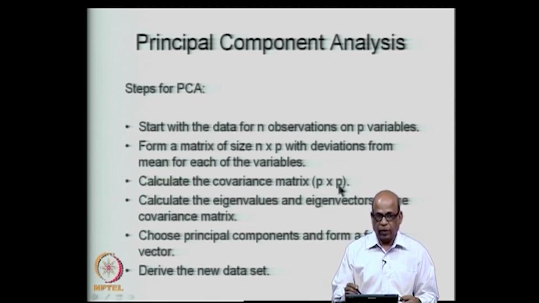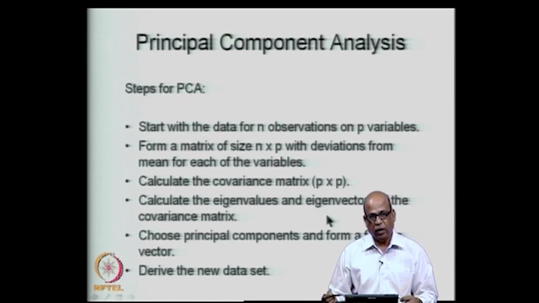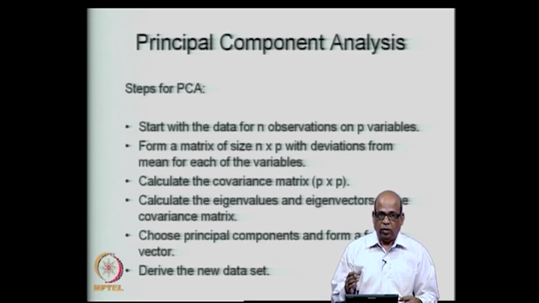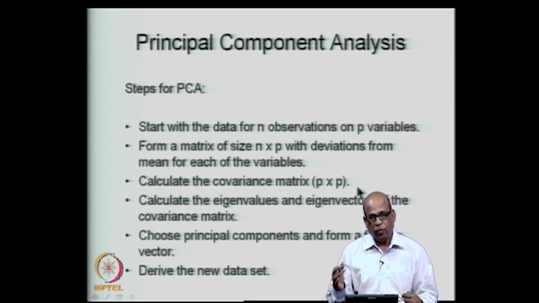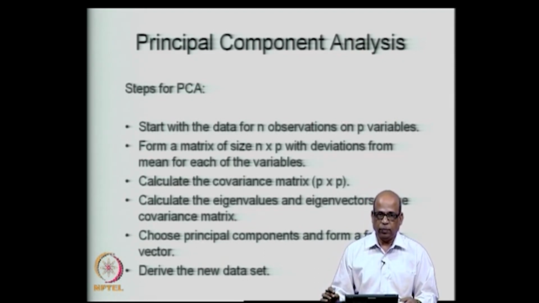Now, this is a square matrix. So, we can obtain the eigenvectors and eigenvalues for this covariance matrix. This is a p by p matrix, therefore, we can get p eigenvectors and at most p distinct eigenvalues.